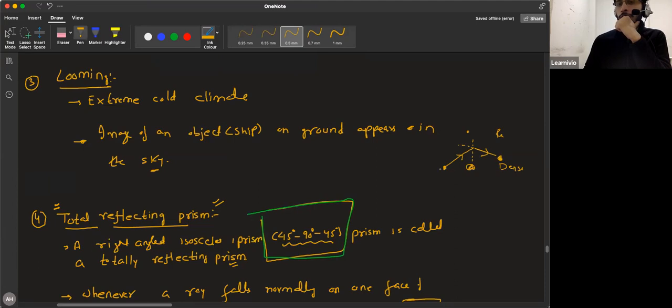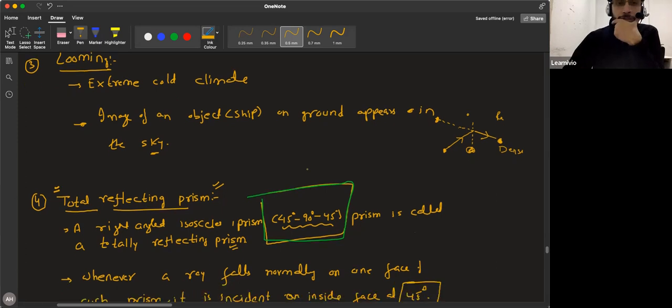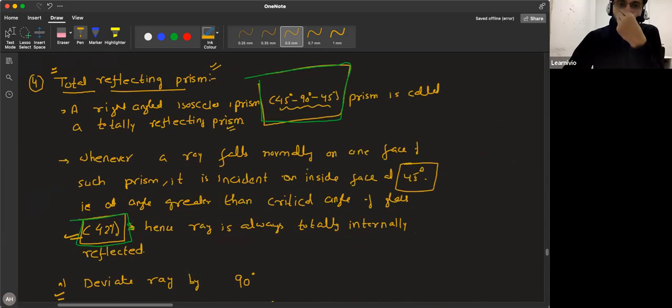So the ship which is floating in the water will appear to be floating in the air. Our eyes always see in a straight line. So your eyes will see this object to be here. That's looming.